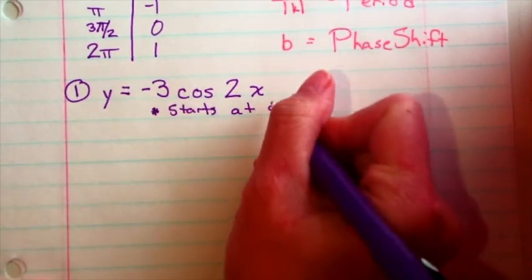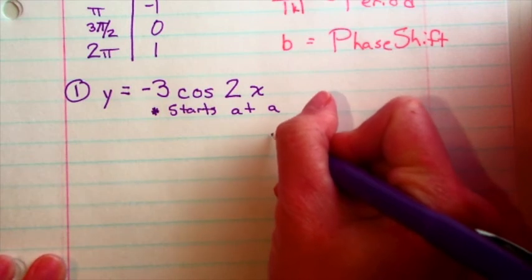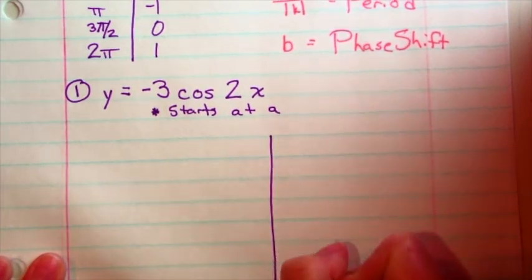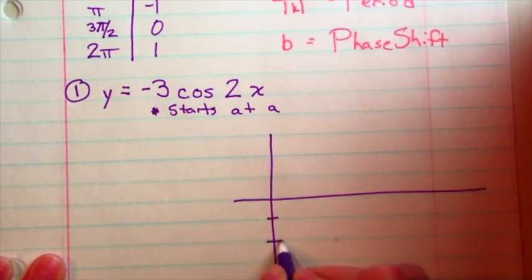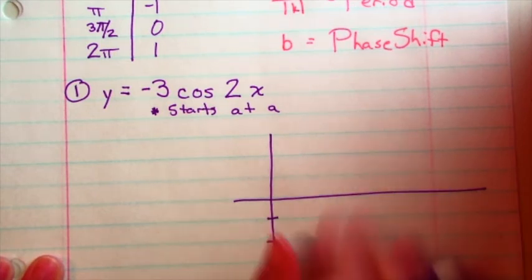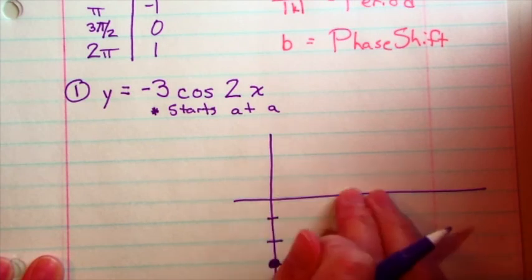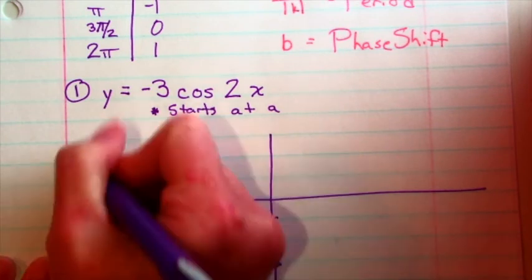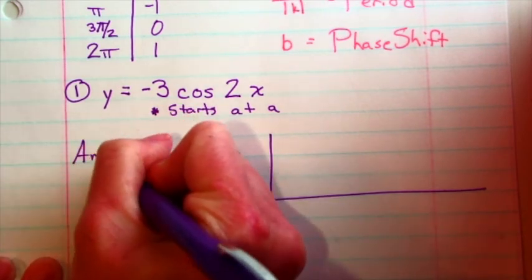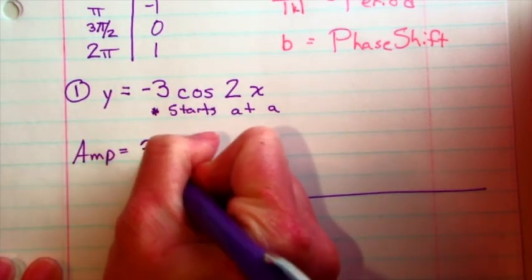So it's going to start at -3, and I'm going to go ahead and put that on my graph. So that's going to be my starting point. The amplitude, the height of this from the x-axis to wherever the peak is, is still the absolute value of A. So the amplitude, the height here, is just 3.